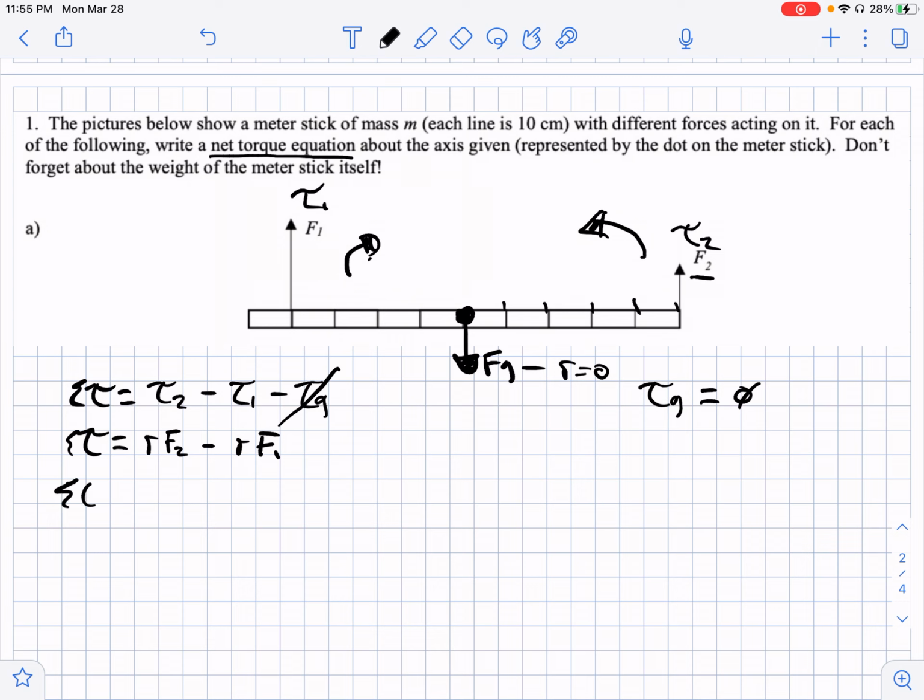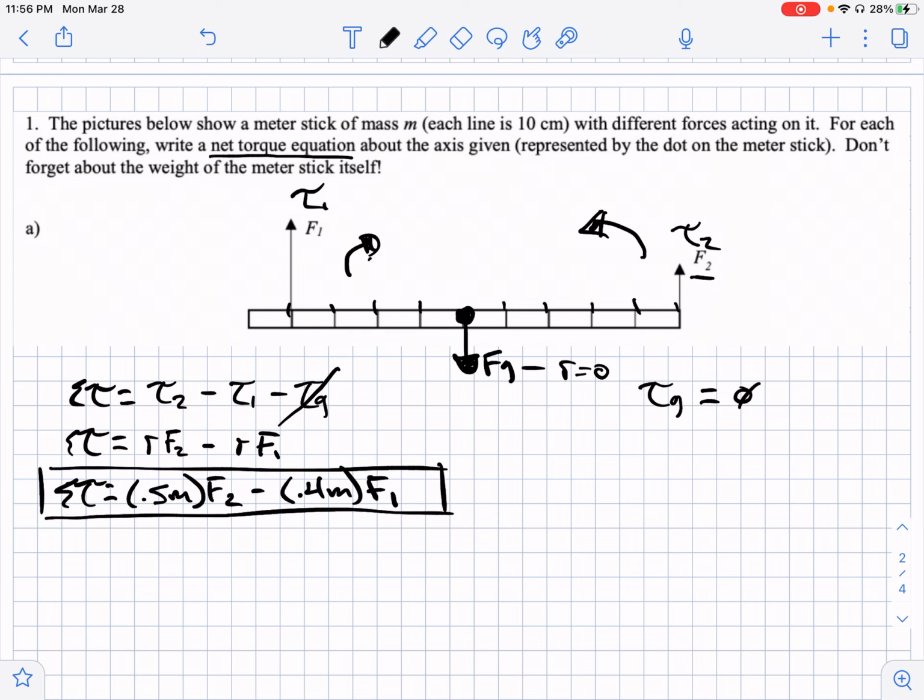So my net torque equation is going to equal 0.5 meters times F2 minus, now let's count our moment arm for that F1, it's 1, 2, 3, 4, 0.4 meters times F1. And now we have a net torque equation that we could work with.